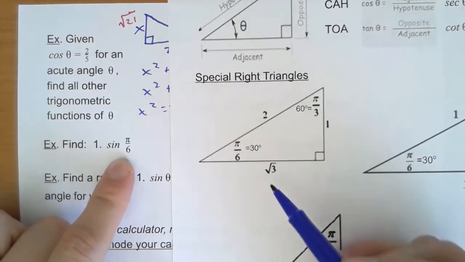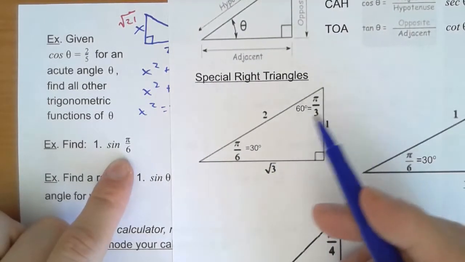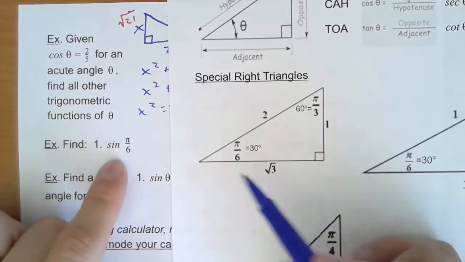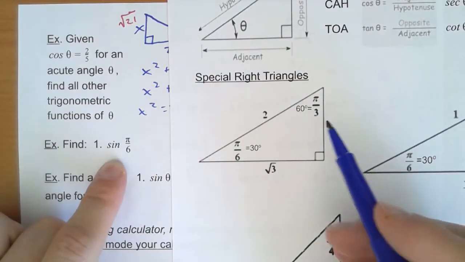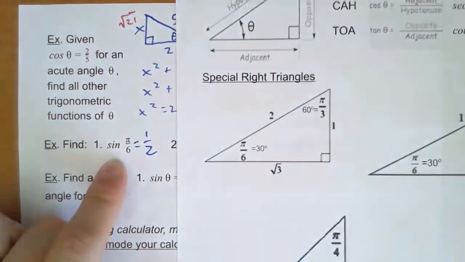Now I need you to know in radians that the side opposite pi over 6 is 1, the side opposite pi over 3 is root 3, and the hypotenuse is 2. So sine of pi over 6, we look at this special right triangle. The opposite is 1, the hypotenuse is 2, so sine is 1/2.